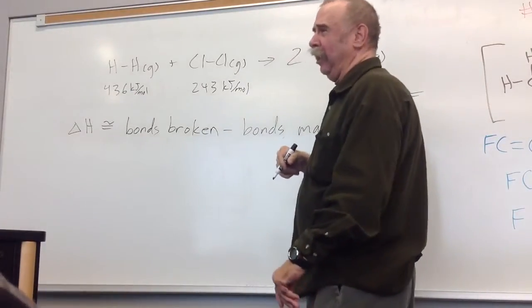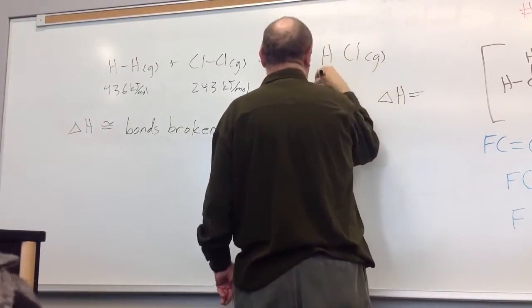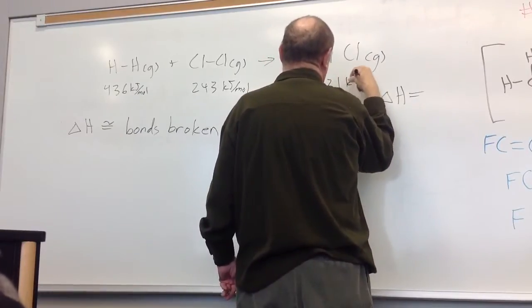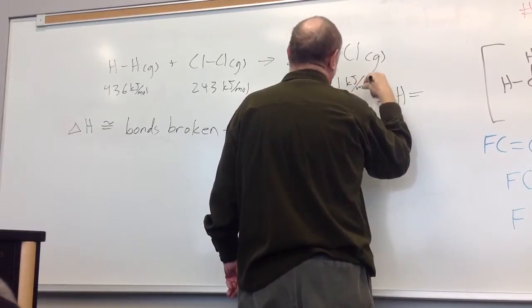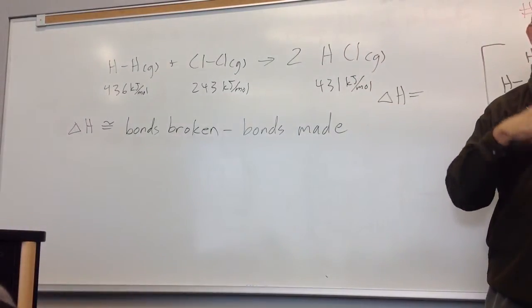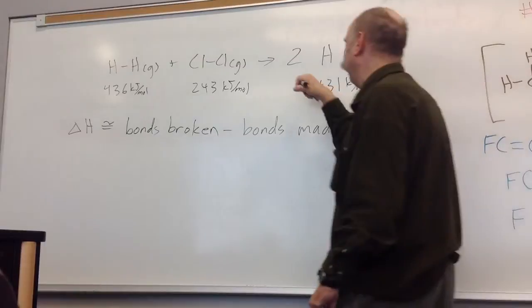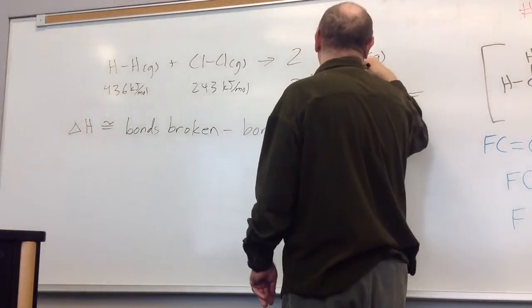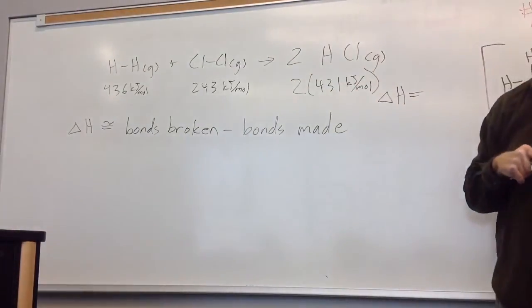Let's see, so HCl, 431 kilojoules per mole. And aren't I making 2 of those? I'm making 2 HCl's. So I'm going to have to double that amount when I do my calculation.